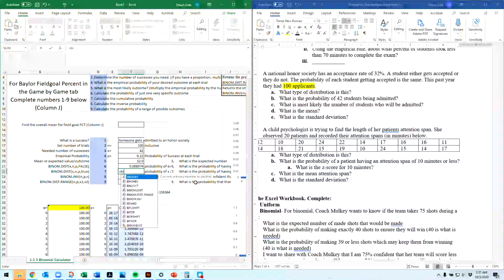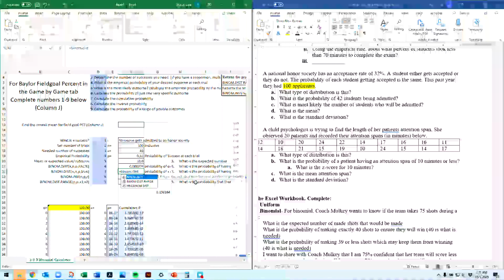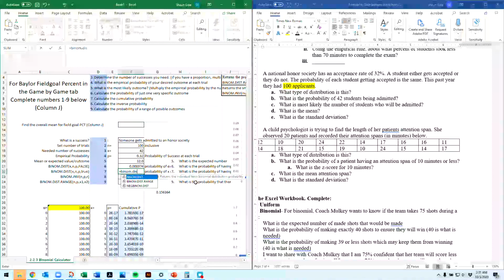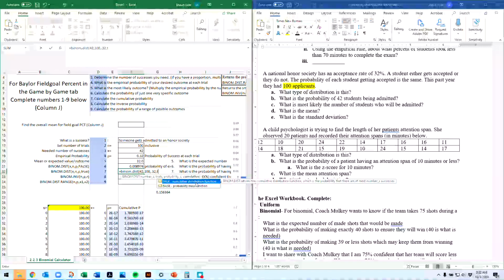Now, if I were to say what is the probability of 42 or less, we can do the same thing. Equals binomial dot dist, and then we're going to put the number of successes, which is going to be 42, the number of trials, which is going to be 100, the probability of success, which is going to be 0.32, and then we are going to put true to say we want 42 or less.